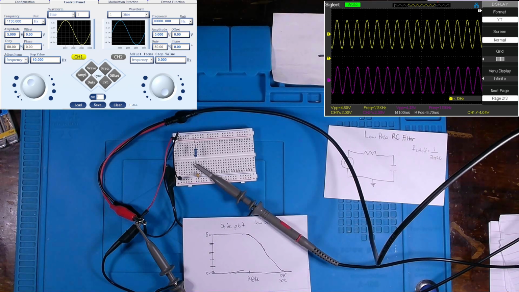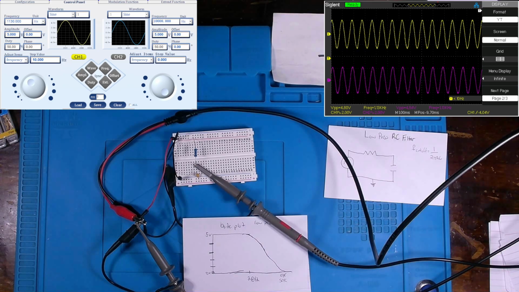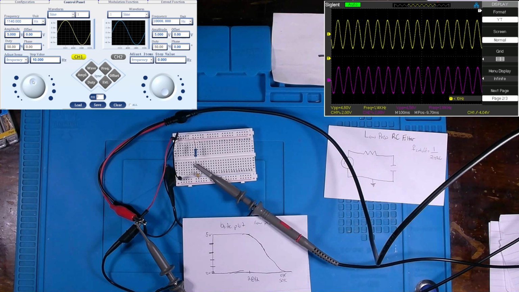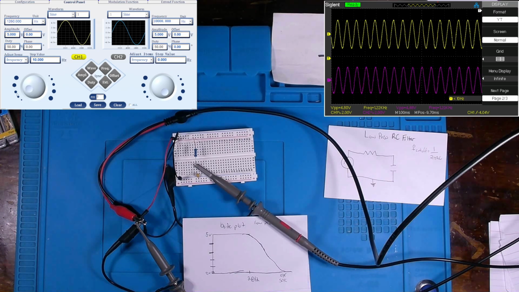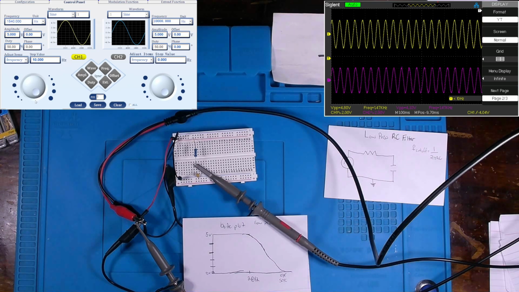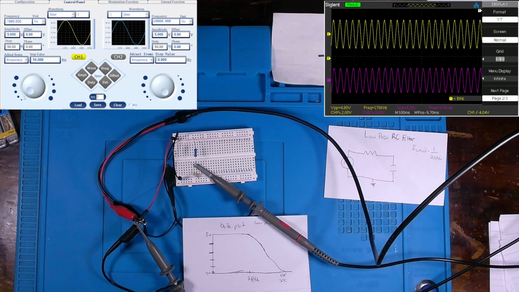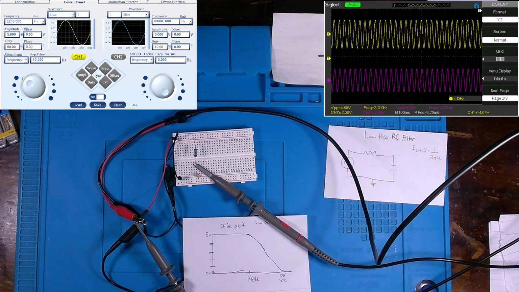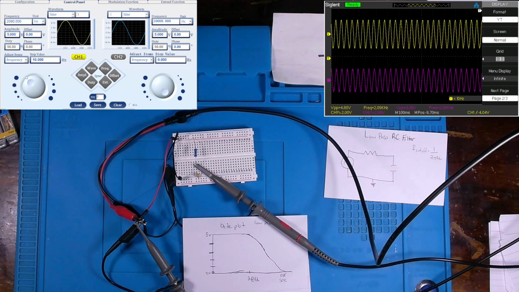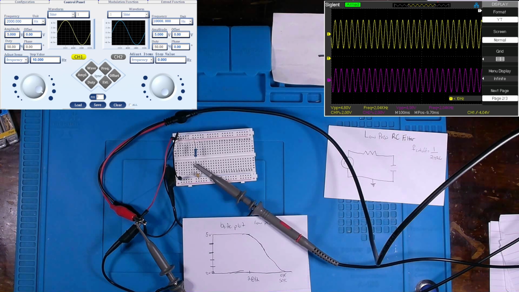So 4.8 and 4.6, roughly the same amplitude. Okay. Now let's increase our frequency even more. We're going to keep going. We're starting to see a difference here at around, really around 2K hertz, 2000 hertz.